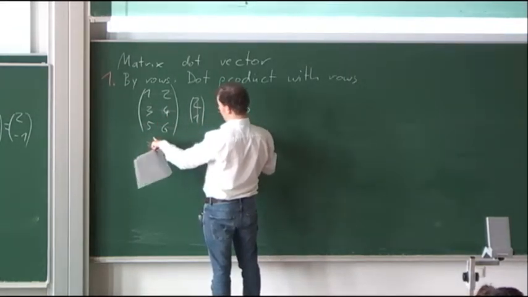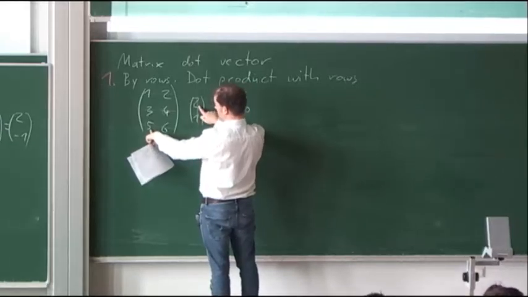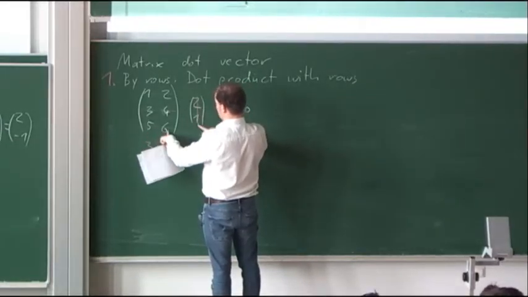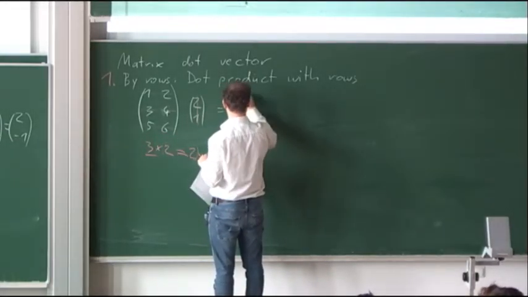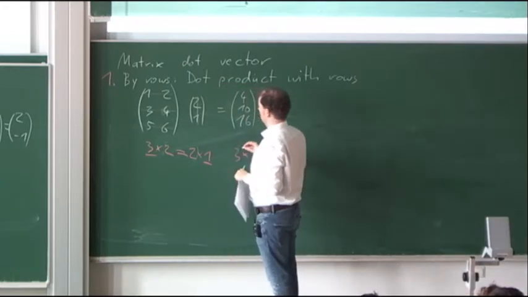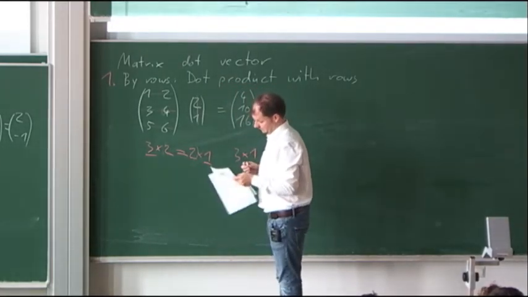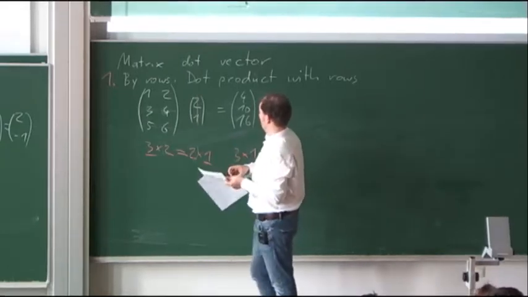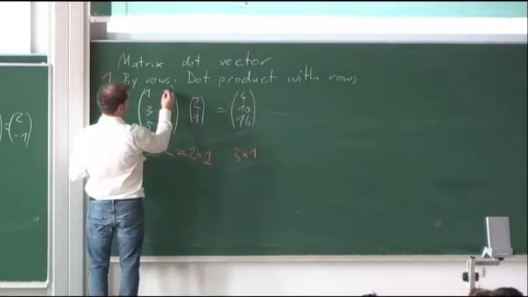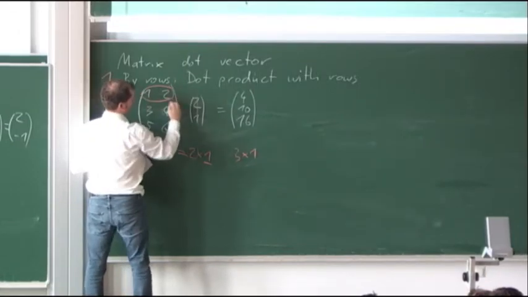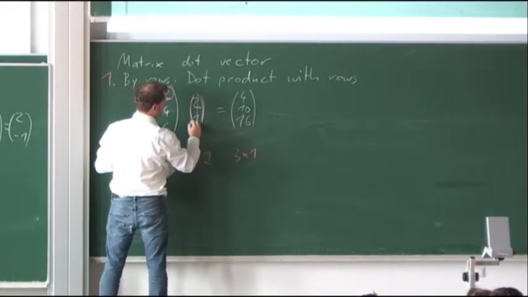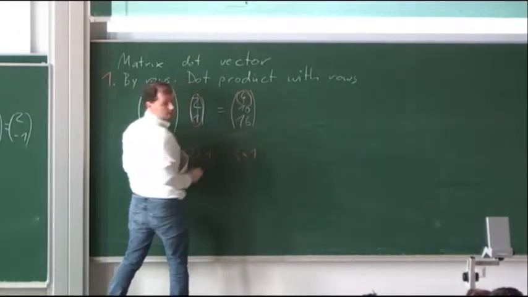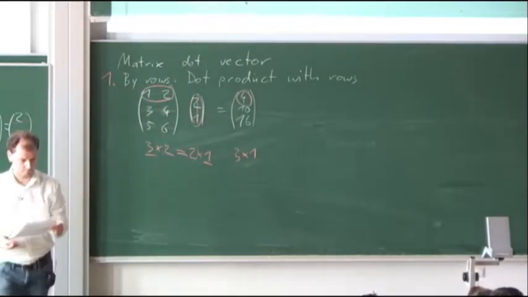And the third entry will be 5 times 2 is 10, plus 6 times 1 is 16. So in this way of thinking about it, the dot product of this row times this column gives this entry, and so on.